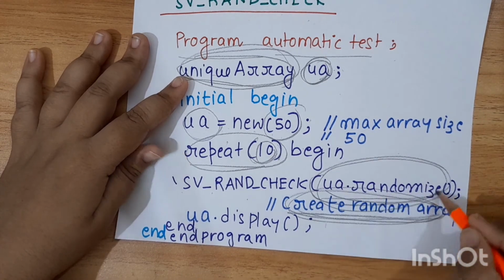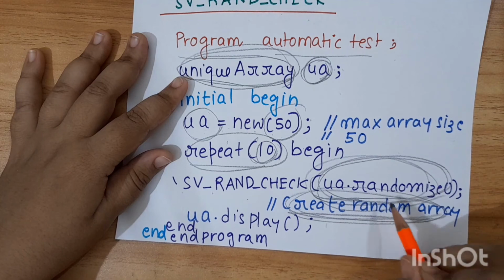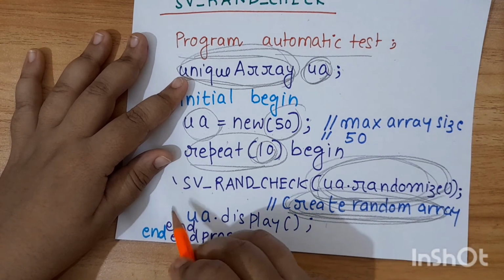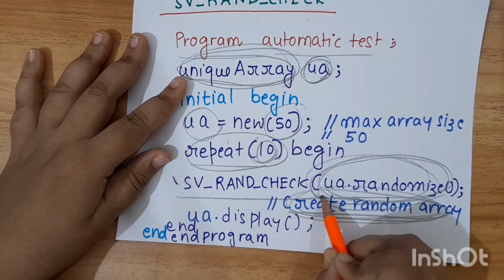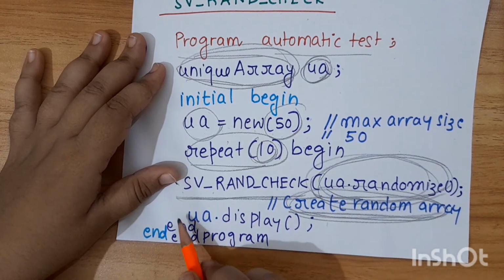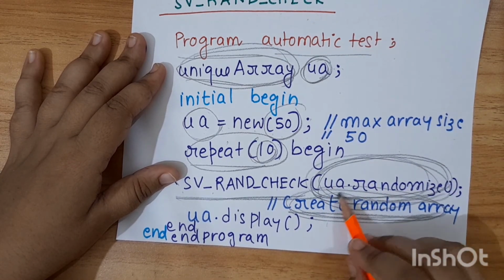Now after creating the random array, I am checking whether randomization passed or failed. That is why I have put a macro for that, tick sv_rand_check. If it fails, in the log file we will see that randomization has failed, and it will display for what instance or class handle, ua.randomize.